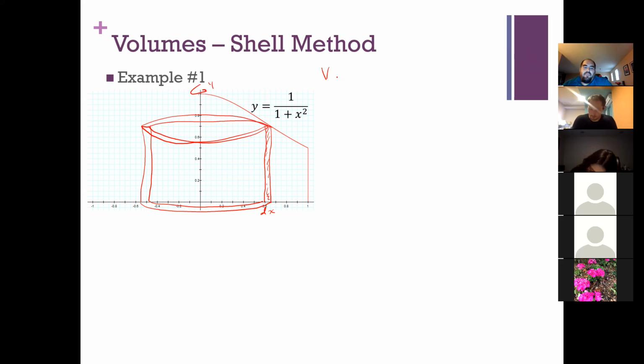And I'll go ahead and drop in my, so again, we are doing a volume using x as our independent variable. So integral from a to b of 2 times pi times a radius function times a height function times dx.